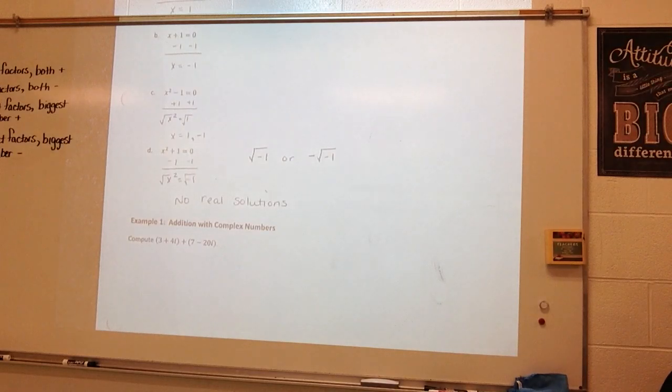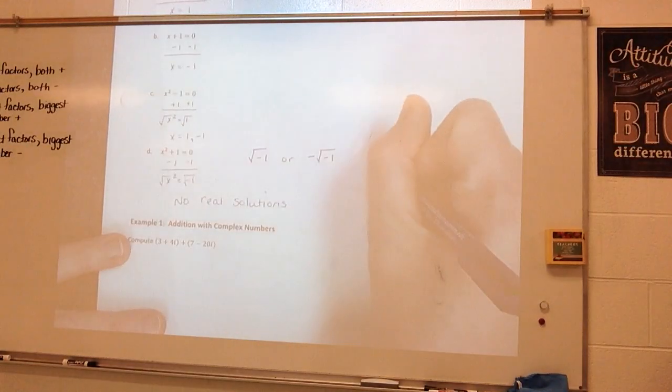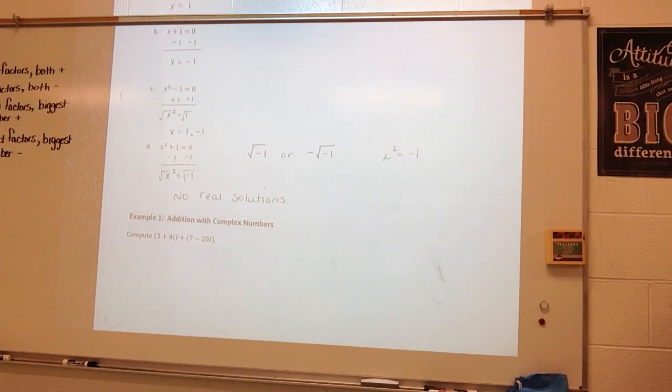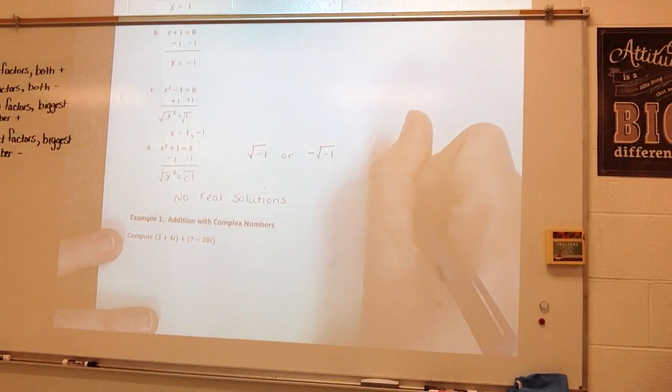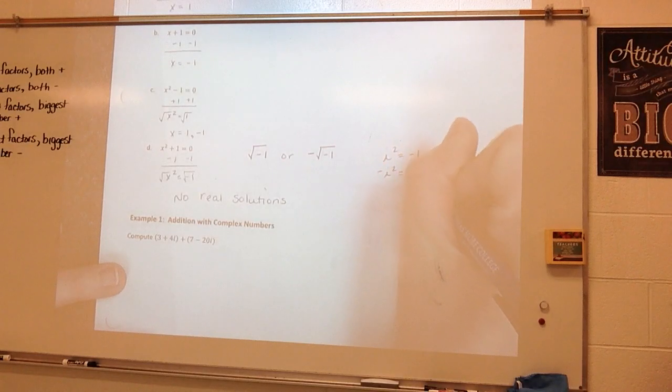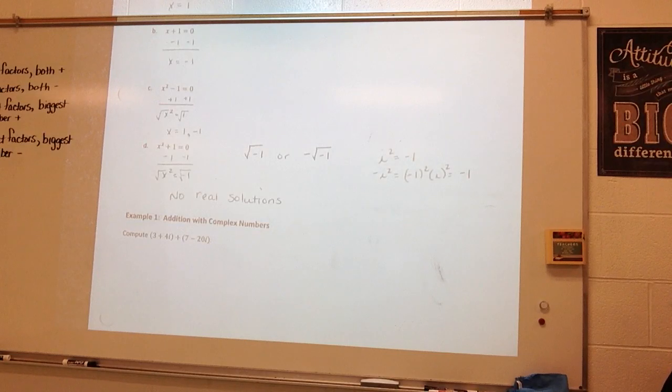Alright, so since I know that I squared is equal to negative 1, and since I know that negative I squared would be negative 1 squared, I squared, which would be negative 1, we have two solutions for our expression now.